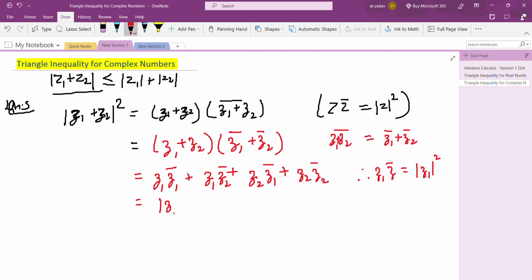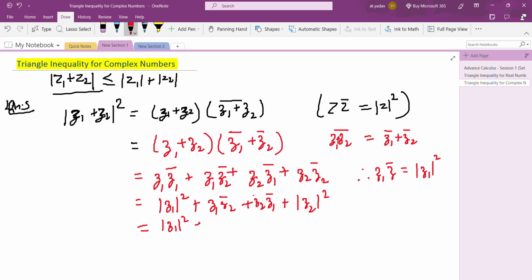So we have Z1 square, then we have Z1 and Z2 bar plus Z2 bar, Z2 and Z1 bar, and here we'll convert into Z2 square. Okay, now what we need to do, we'll come over here and do one more formula. So what exactly the formula is, we have Z1 square.